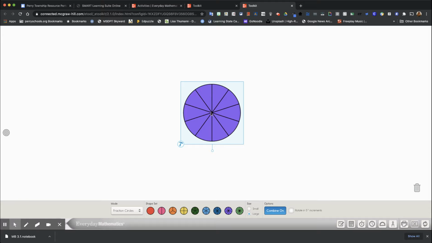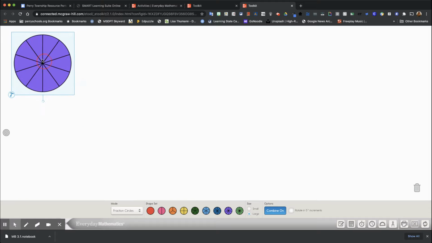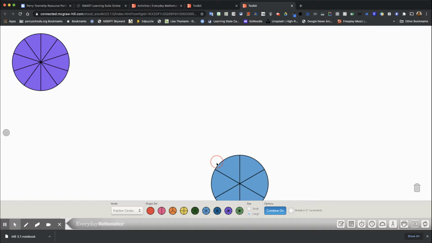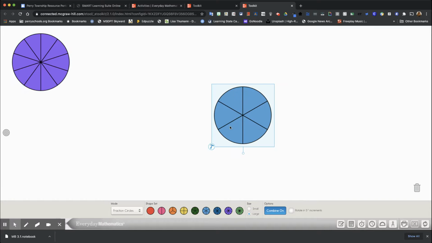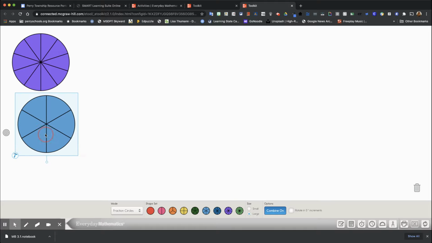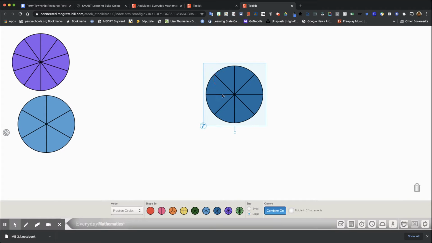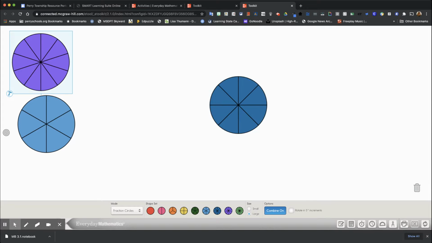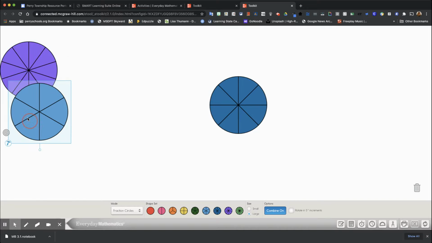So I know that one's too big now, so that's not the one I want. So you'll see it might take you a couple tries. 1, 2, 3, 4, 5, 6. Not big enough. This one. 1, 2, 3, 4, 5, 6, 7, 8. Here we go. So we'll put those over there.